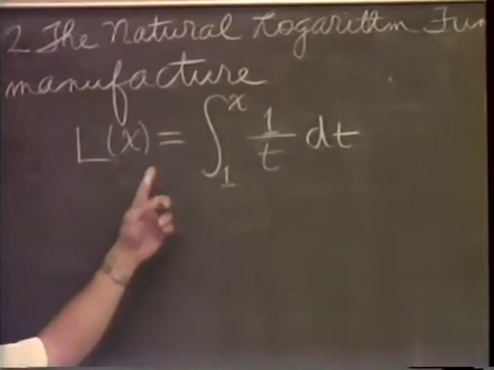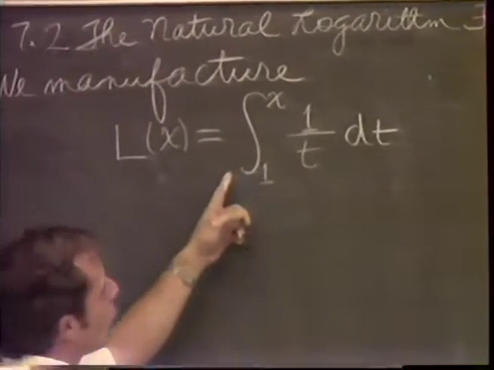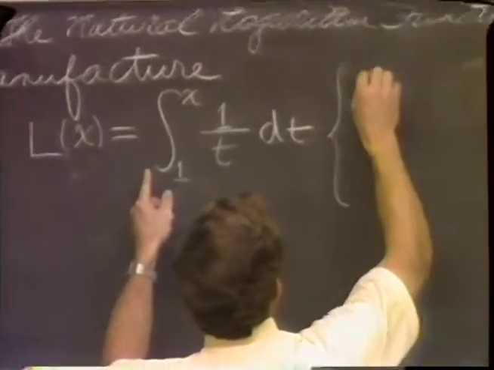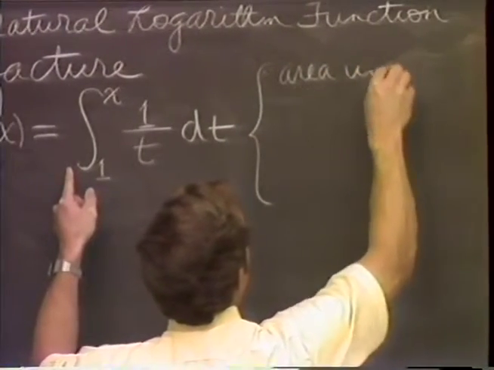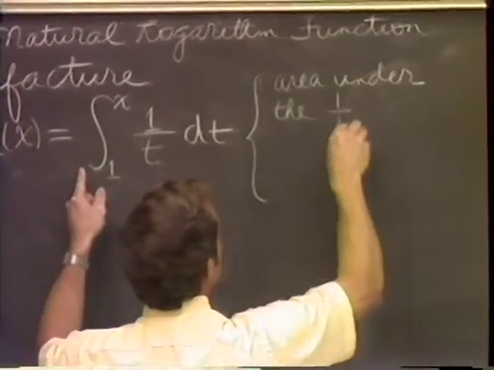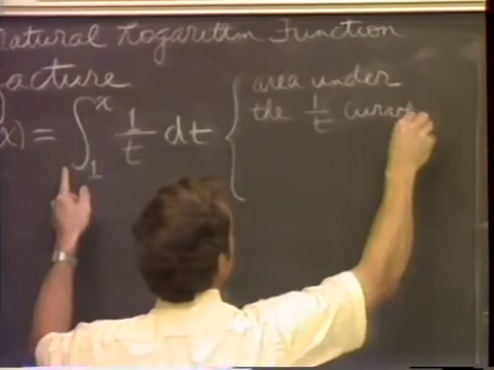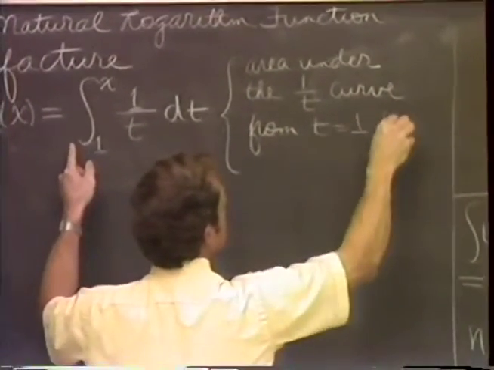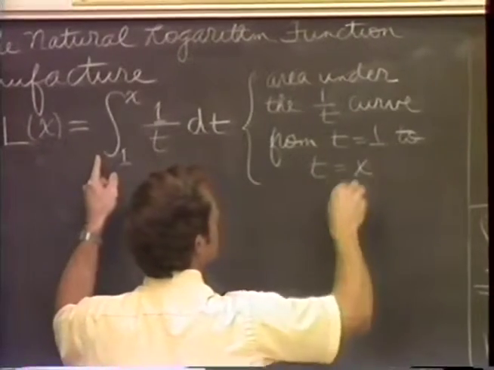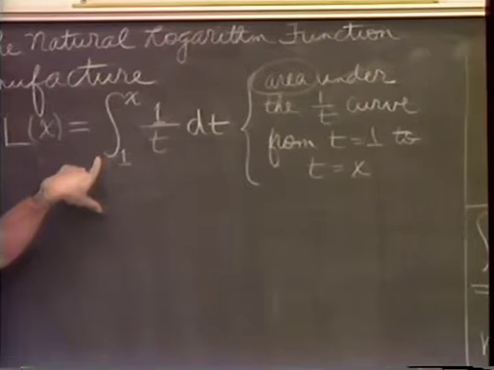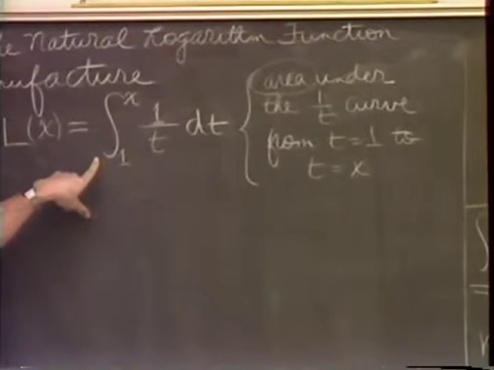L of x is this, which I want you to look at as the following. It's the area under the 1 over t curve from t equals 1 to t equals x. In other words, I'm creating a function by calculating areas.